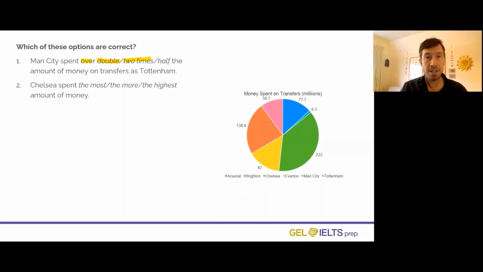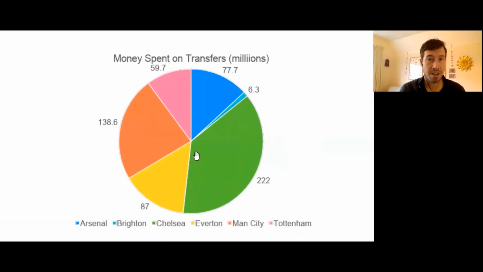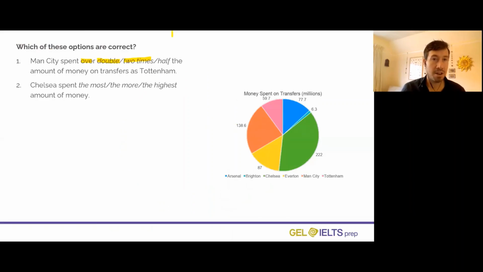Chelsea spent the most, the more, or the highest amount of money. I'll give you a moment to try that. Okay, well, if we have a quick look here, we can see that Chelsea did spend the most amount of money.